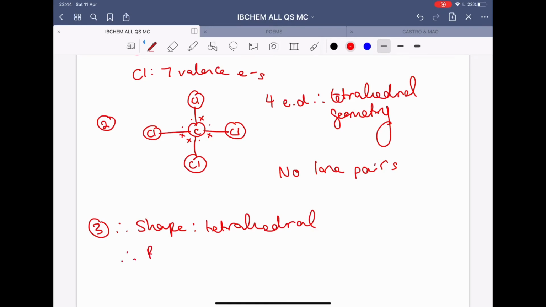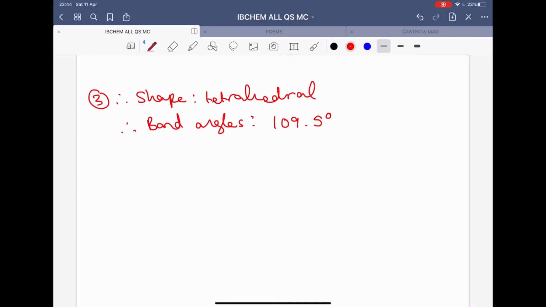Therefore, the bond angle, as we've said previously, is going to be 109.5. Something you just have to know. And I'm drawing the Lewis diagram below.